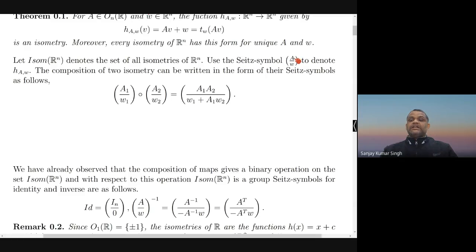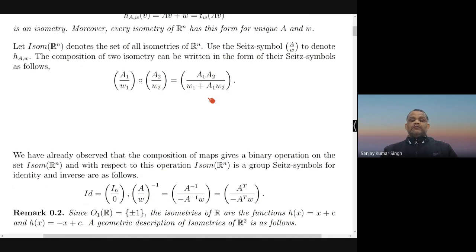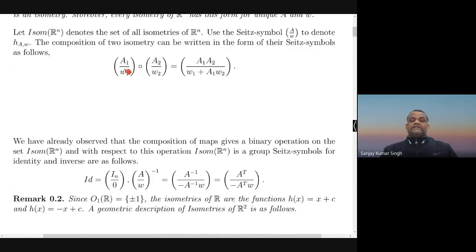I can represent any isometry like this, the bracket (A, W), and it sends any vector V to AV plus W. And with respect to these symbols, it is very nice to compute the composition of two of them. It is easy to check that (A1, W1) composed with (A2, W2) is the same as (A1 A2, W1 plus A1 W2). So you can see quickly how it is done.